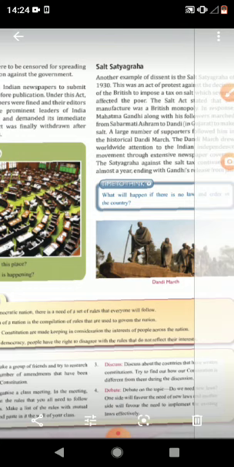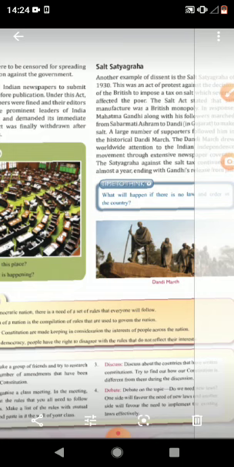But the Britishers opposed this, and they conducted a lathi charge on these people. But even then the people did not stop, and Gandhiji broke the law. He made salt at the seashore, showing that we are not obeying the laws which you have made.